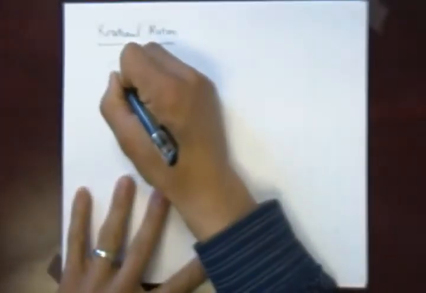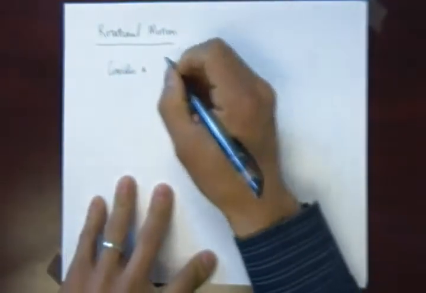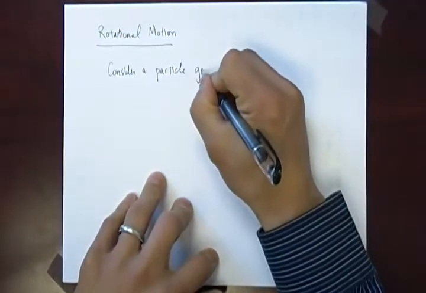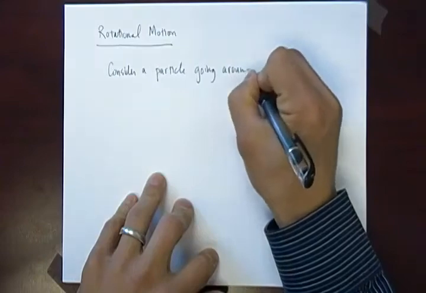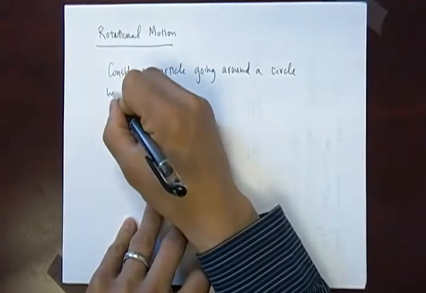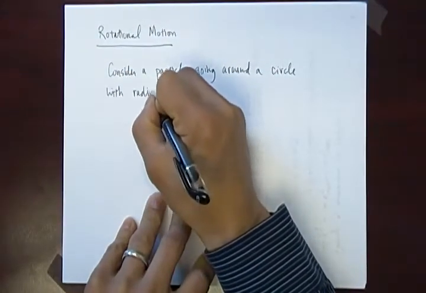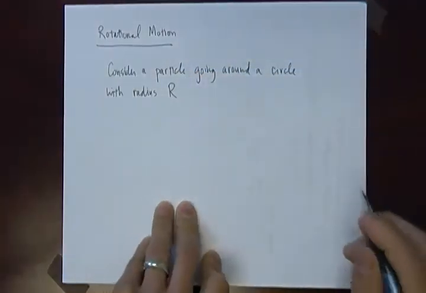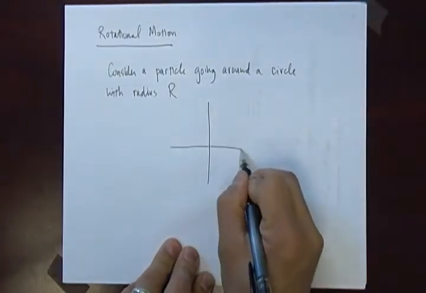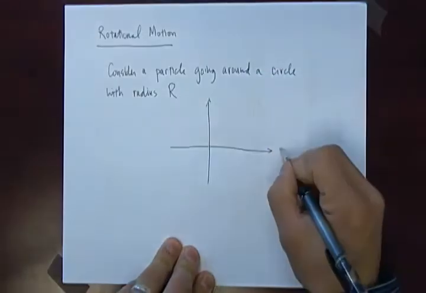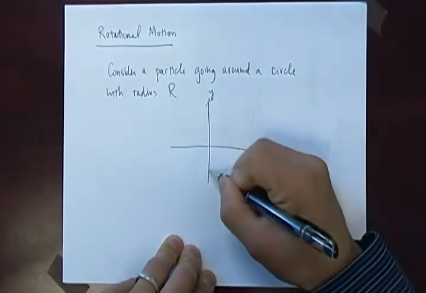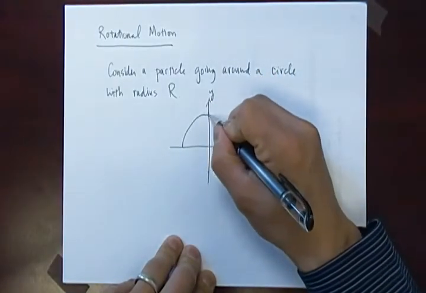So we will consider a particle going around a circle with radius r. Okay, so let's make a plot. Here is a two-dimensional plane with the x and y axes, and here is my circle.